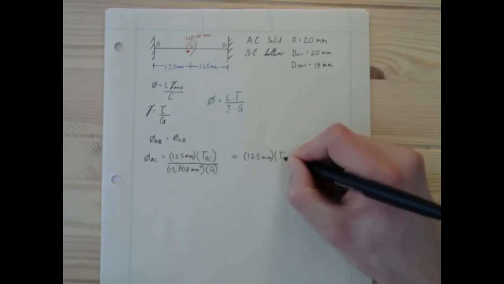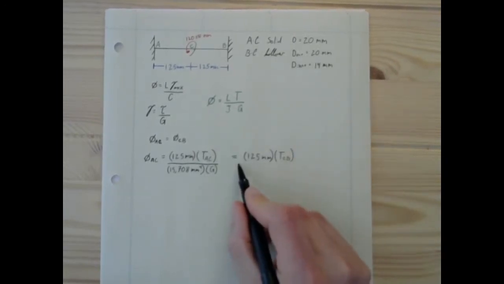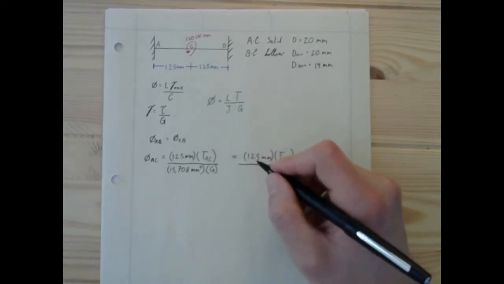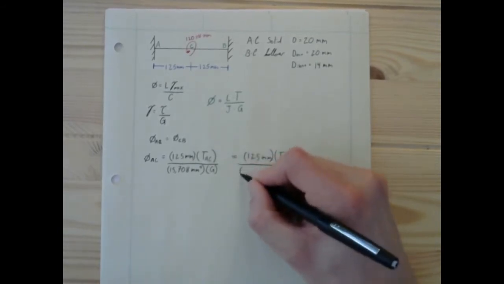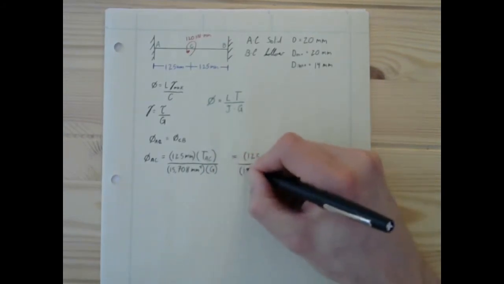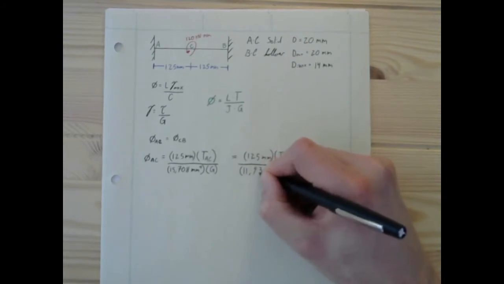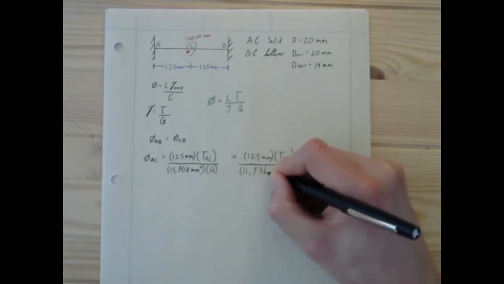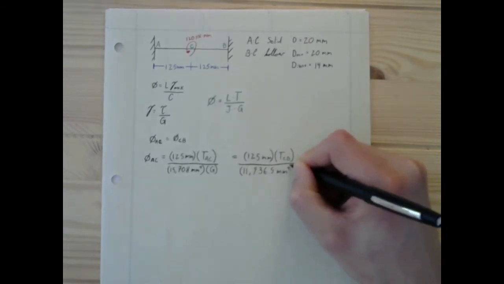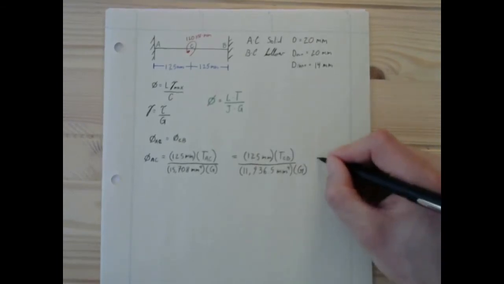Times the torsion from C to B. We divide that by, this time the polar moment of inertia is different because we said this was hollow, and so this is going to be only 11,936.5 millimeters to the fourth. That's also divided by the shear modulus.